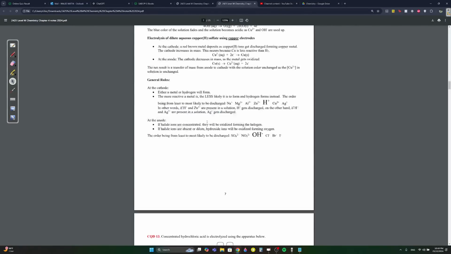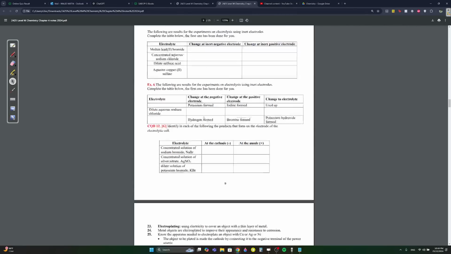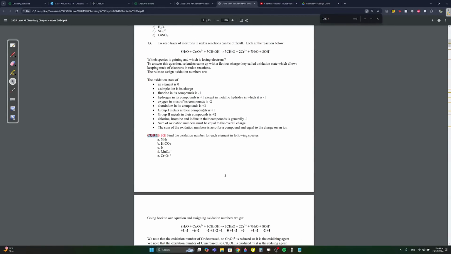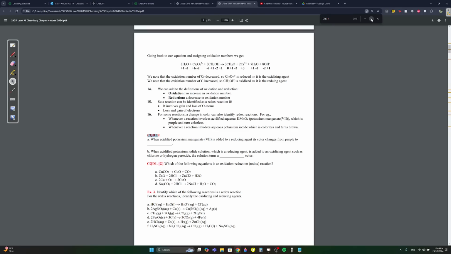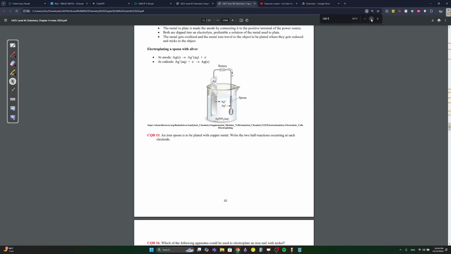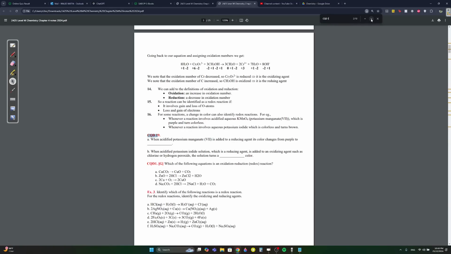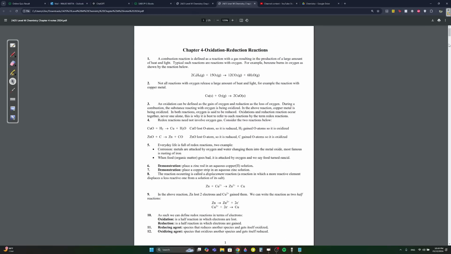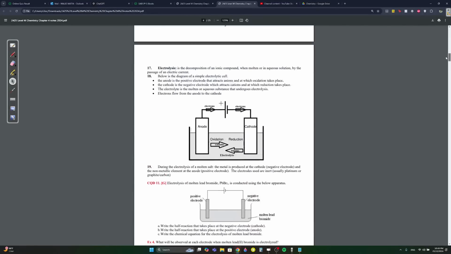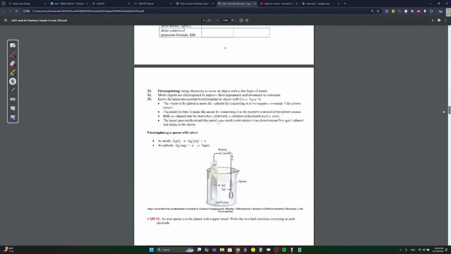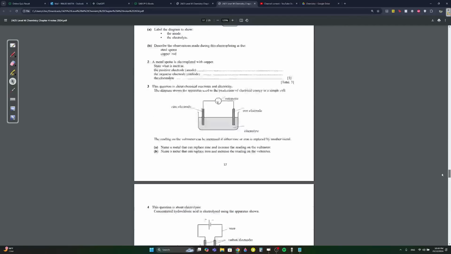Where is CQD1? How do I have it in my copy? But it's not here. I don't know.